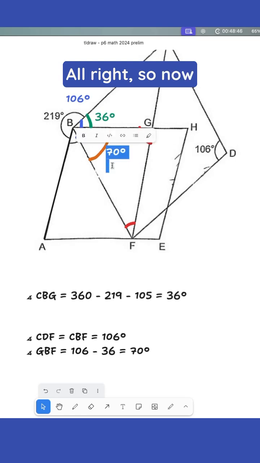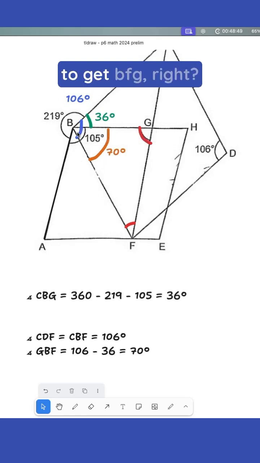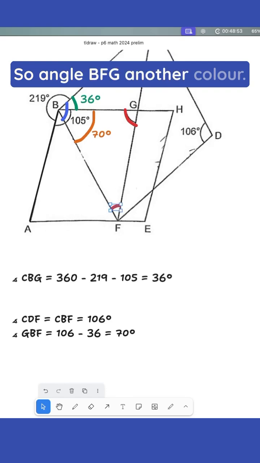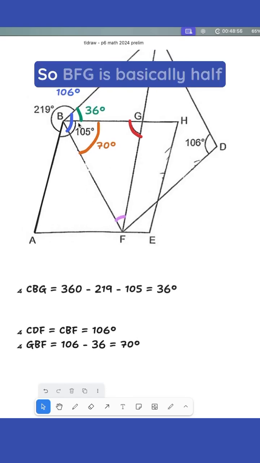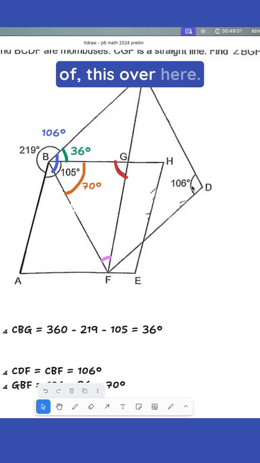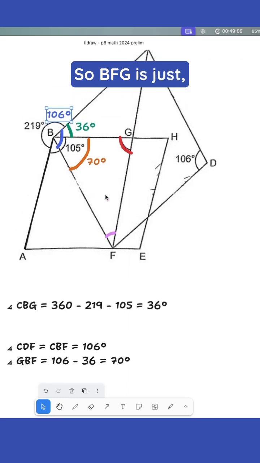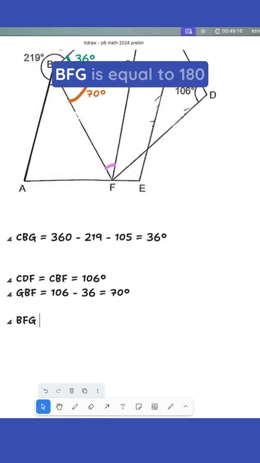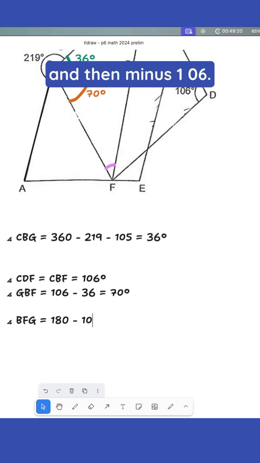Now the next thing is how to get BFG. Angle BFG is basically half of this over here. So angle BFG is equal to 180 minus 106, and then we divide this by 2.